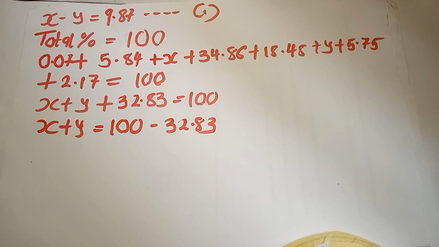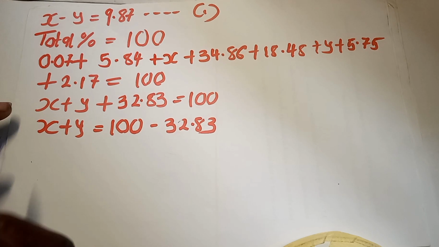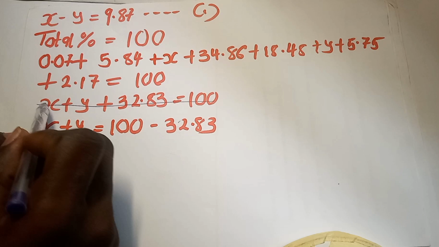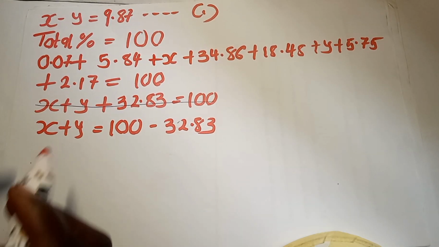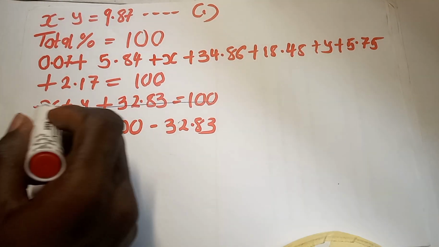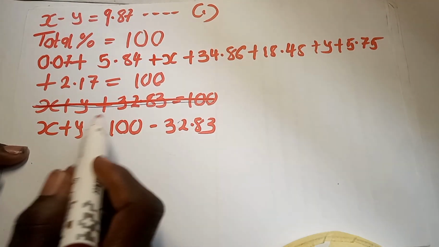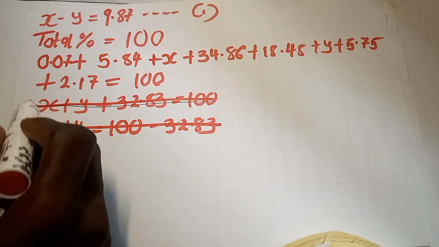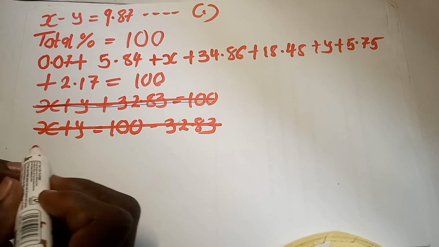Oh, there is a mistake here. I made a mistake. If you sum 0.07, 5.84 and others like that, you are not going to result in 32.83. I'm sorry, let me see.